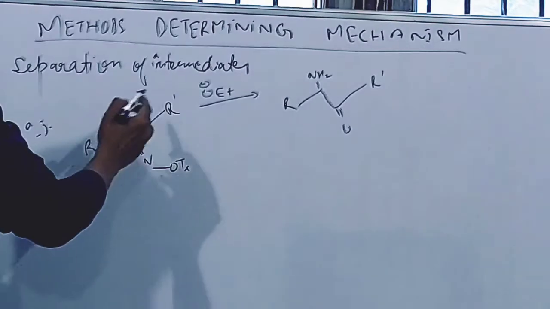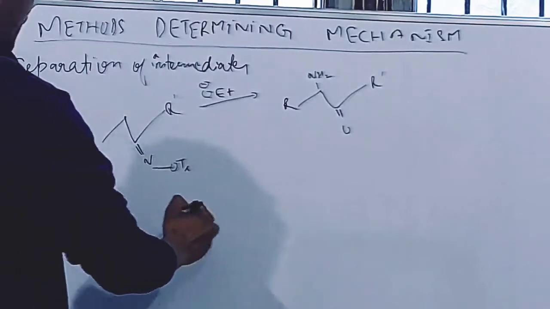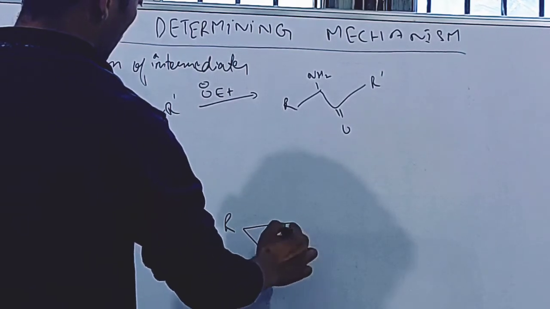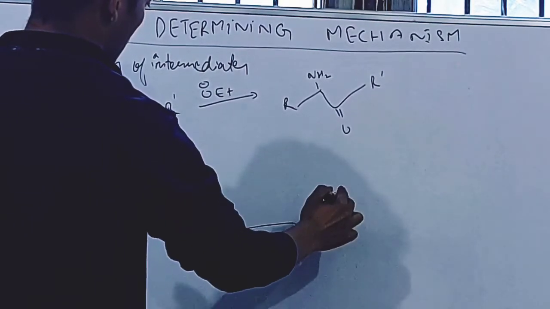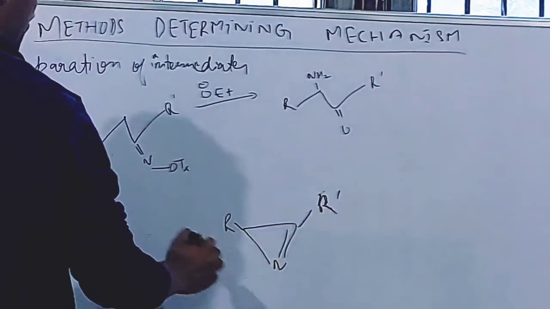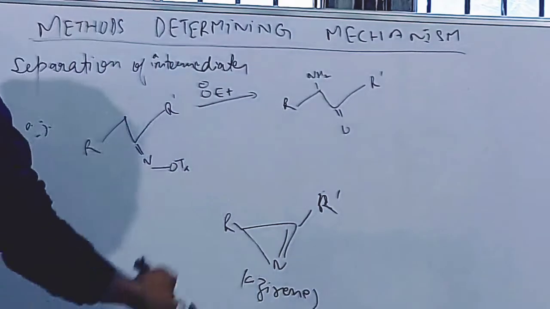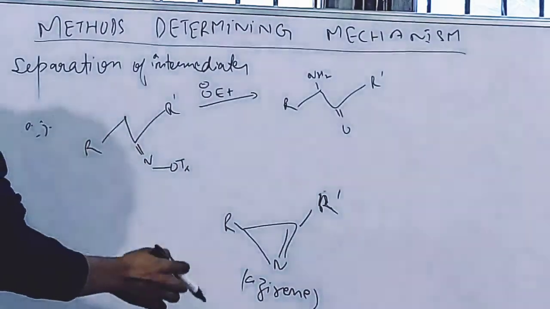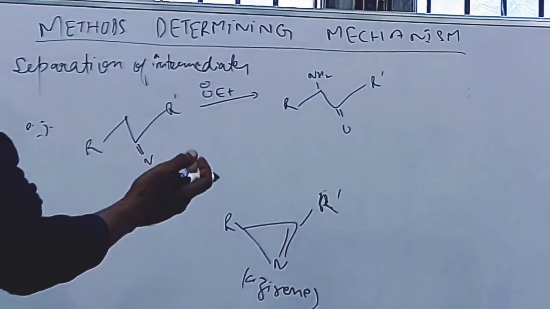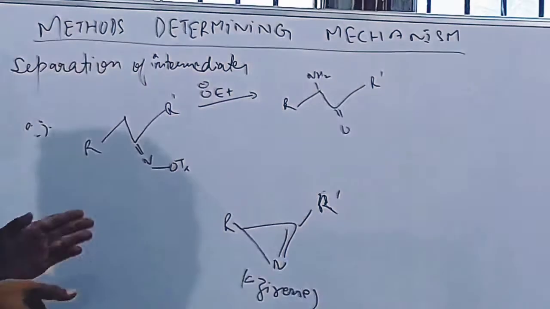For example, in this particular reaction, the intermediate can be separated as acetylene. So this is the intermediate in this particular reaction, separated as acetylene. In this way, by separating and studying that intermediate, we can determine the mechanism of this reaction.